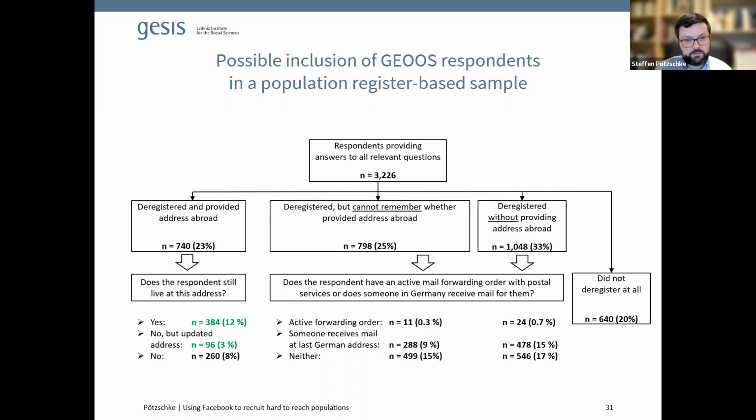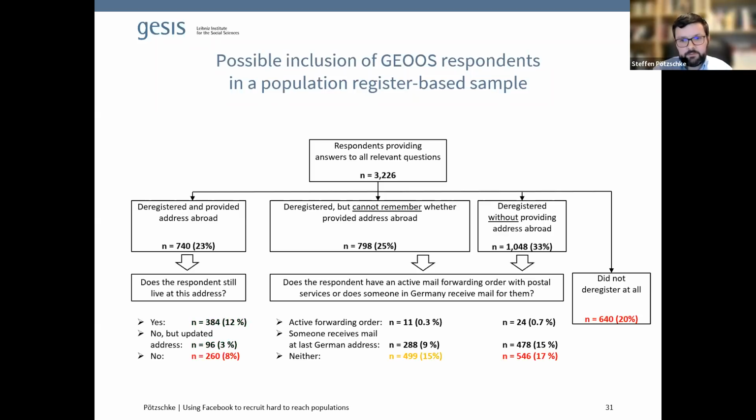And you can see that just 15% of our respondents did so. Of those 15%, we could be sure that they would be included in the register-based sampling frame, and thus it would be very likely that we could reach them with this sampling approach.